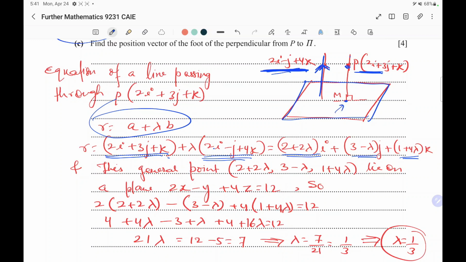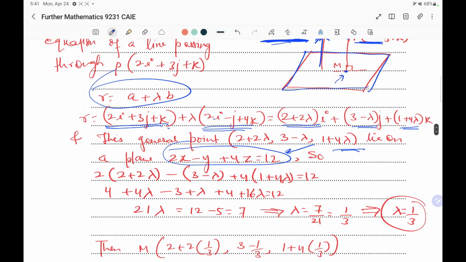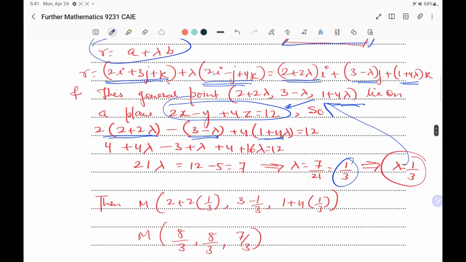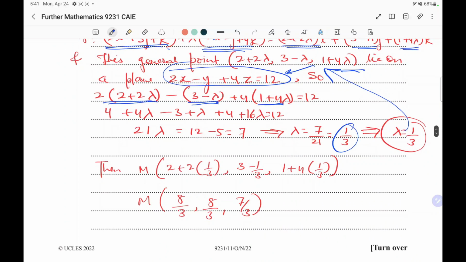So 2 plus 2 lambda, 3 minus lambda, and 1 plus 4 lambda is the point M, but M lies on the plane, right? So we have to substitute all these: twice 2 plus 2 lambda, minus y, which means minus 3 minus lambda, plus 4z, which is 1 plus 4 lambda. Just calculate, you will get lambda equals 1 over 3. Just put lambda 1 over 3 back into point M, and you will get 8 over 3, 8 over 3 and 7 over 3.